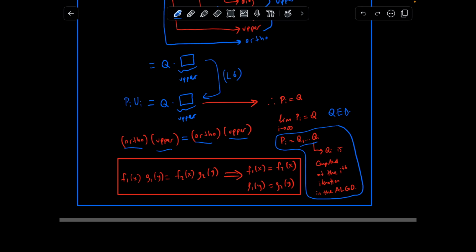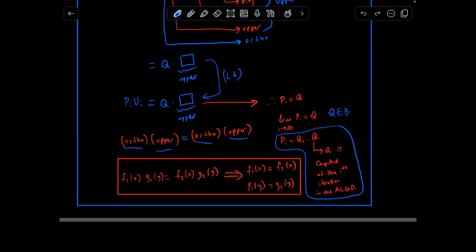Pi is q1 through qi. We multiply all of them, and qi is computed at the ith iteration of the algorithm. So this is how we know that the algorithm will converge.